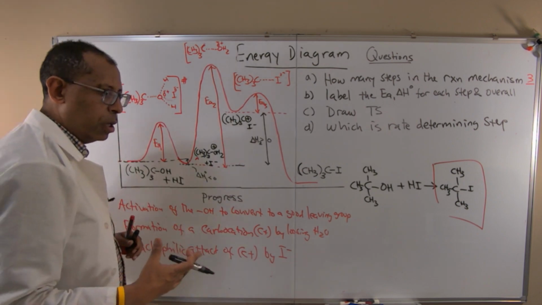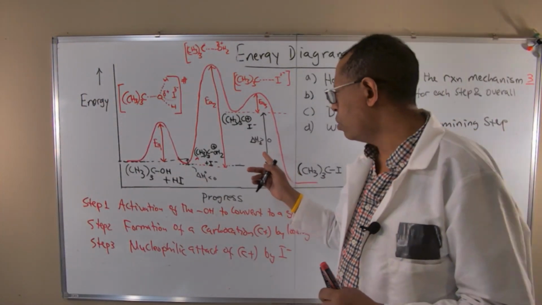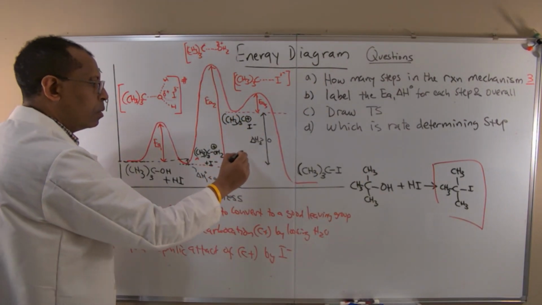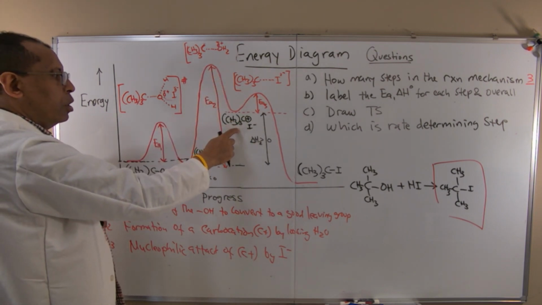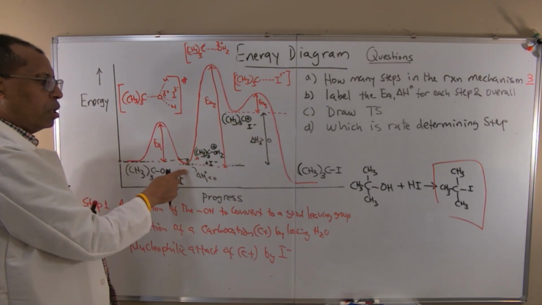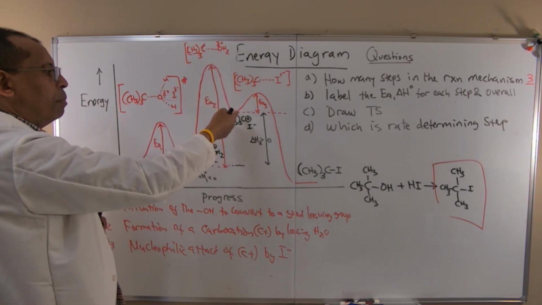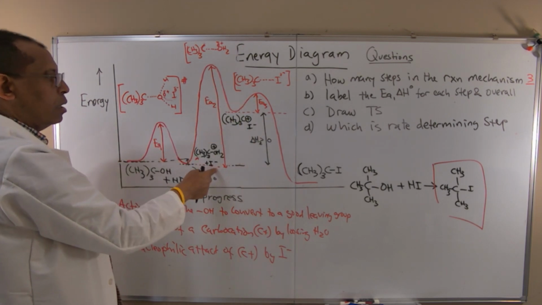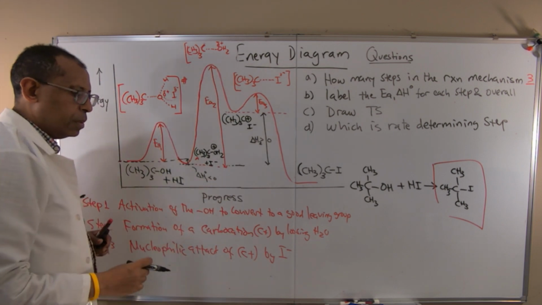This is a very energy demanding step because delta H2 is greater than 0. It means endothermic. So this step is endothermic because the product energy is much higher than the starting material. The starting material is right here, but the product is highly positive. So the difference with positive energy minus that energy would give you delta H greater than 0.